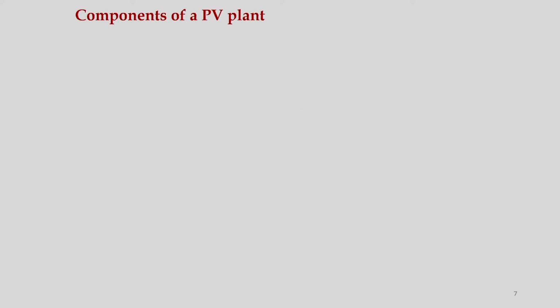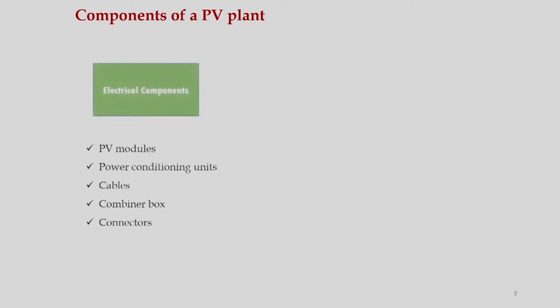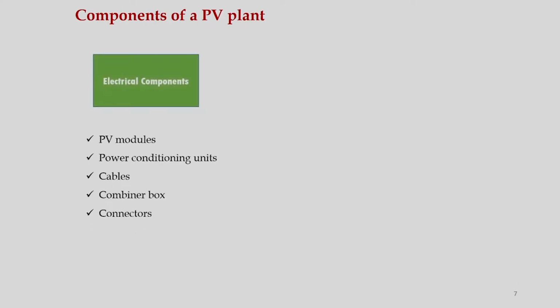Now, let us see what are different components involved in this grid connected PV system. Primarily we have three categories. Under electrical components we will have PV modules, power conditioning units, cables, combiner box, then connectors.